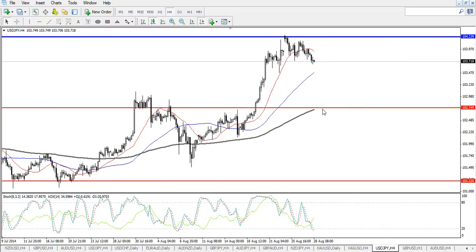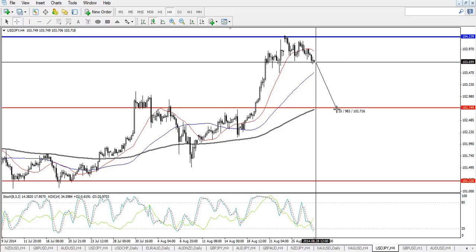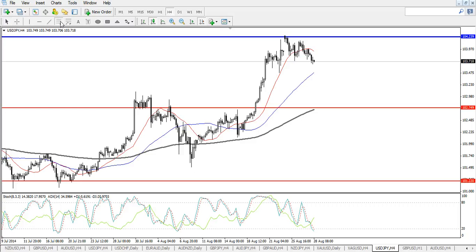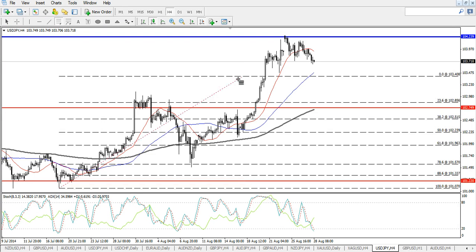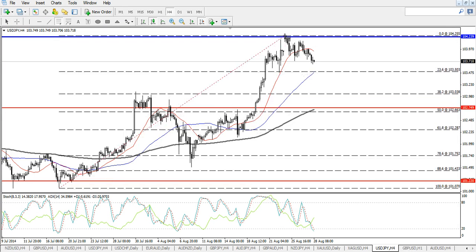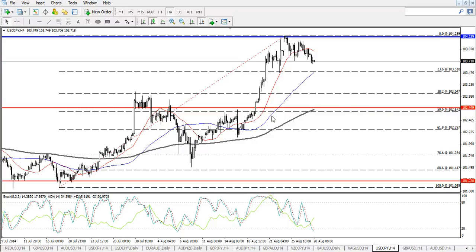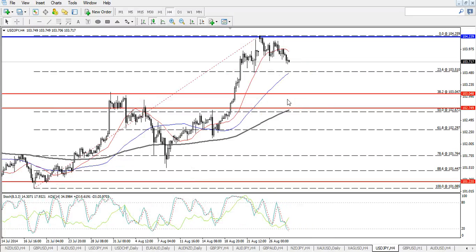So what we can do right now is wait for price to retrace all the way down to this area. And maybe we can plot a Fibonacci retracement. You can see that this is actually the Fibonacci retracement 50% level. Another level that I would like to take note of is the 38.2% at the price of 103.04.